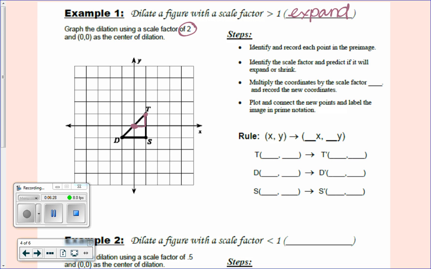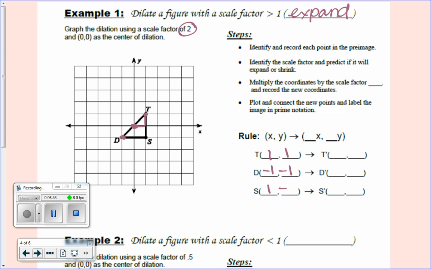What is that point? Good. What are the coordinates? 1, 1. Thank you. Good. Okay. Let's look at point D. What are the coordinates for point D? Good. -1, -1. And point S? -1.